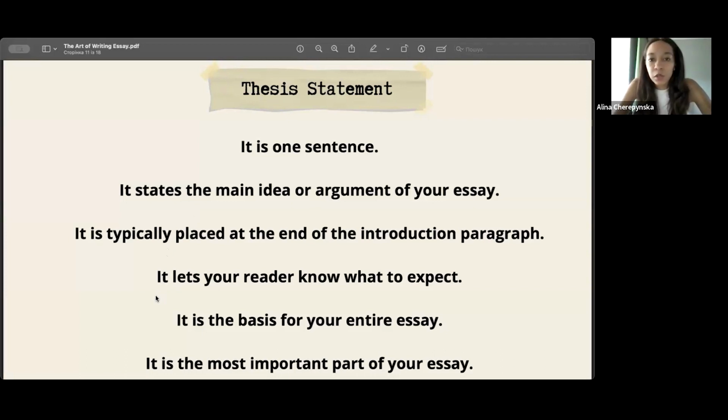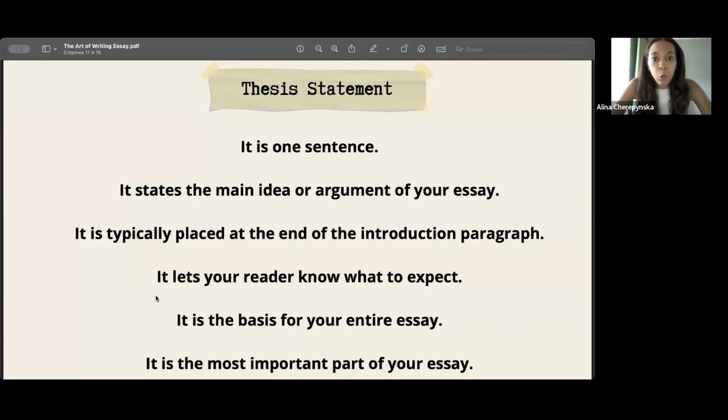Why is it the most important part? Because all of the paragraphs that you will have in the body should be in full connection with the thesis statement. Thesis statement is the most important sentence for the whole essay that you are planning to write. That is why this part is considered to be the hardest.